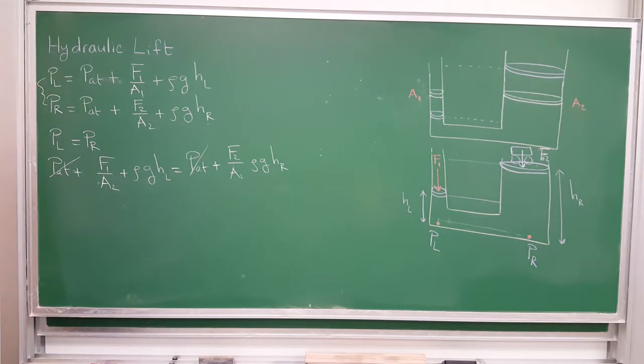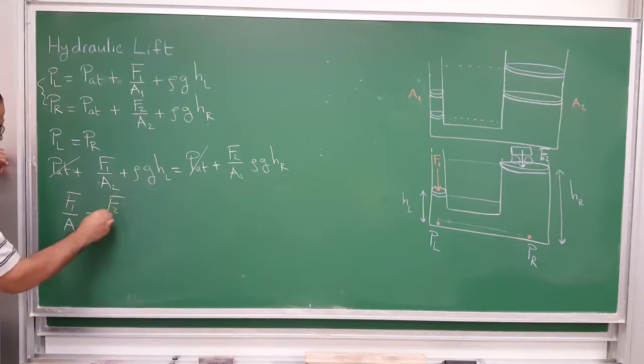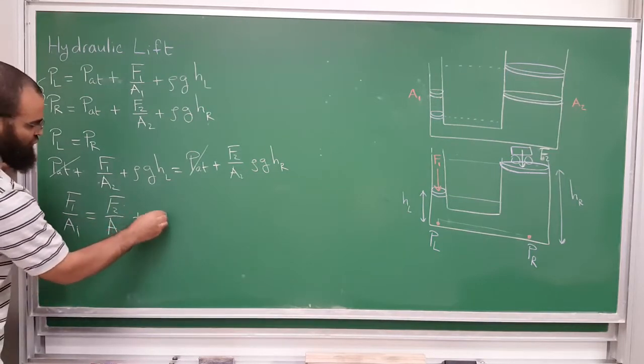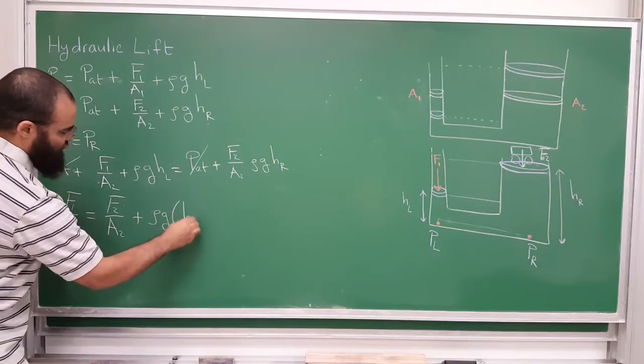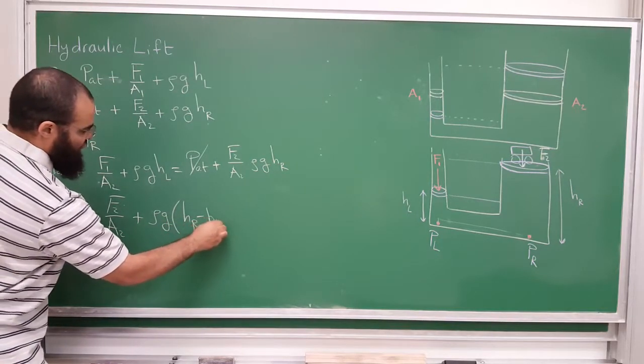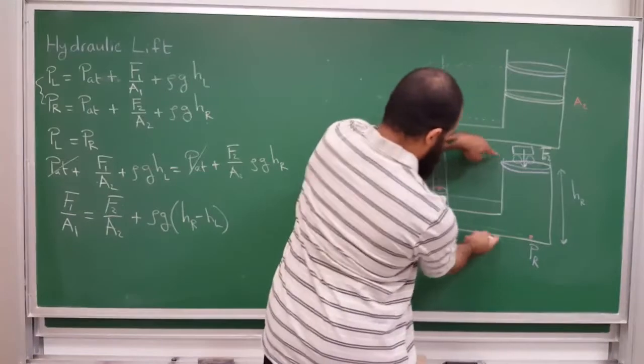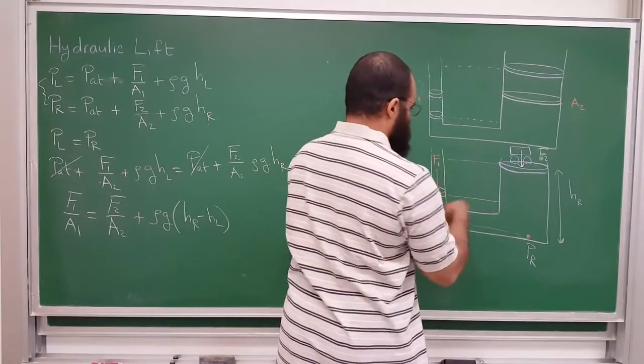Here, let me solve for this. I will take this to the other side, so F1 over area 1 equals F2 over area 2 plus rho g, times the height from the right minus the height from the left.